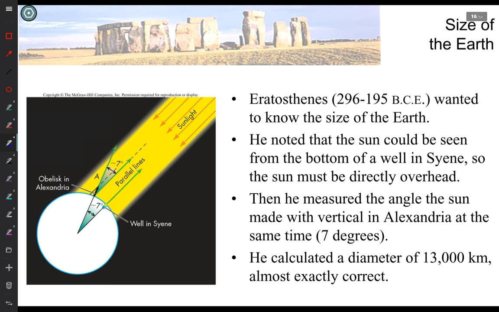And so he was able to calculate, circumference is just pi times the diameter. So he's able to calculate the diameter of the Earth almost exactly correct. Which is, I think that's amazing, given what he had to work with, that he knew not only that the Earth is a sphere, but what its diameter is, known 200 years before the time of Christ.